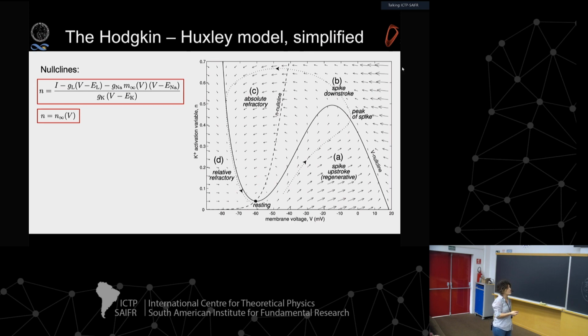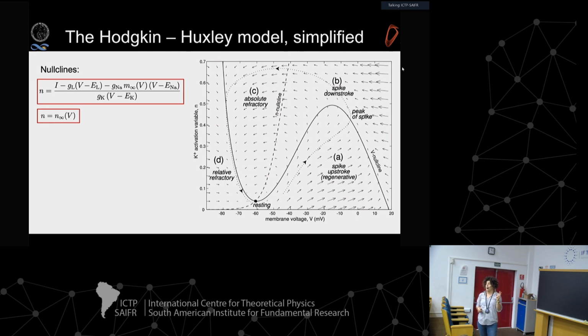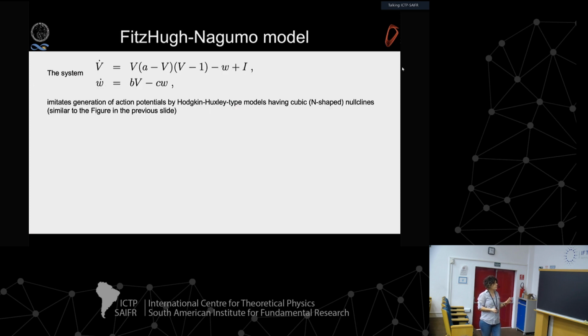So this is the spike upstroke, downstroke, the absolute refractory period, the relative refractory period, and then you get back. So this is our spike. So what I'm telling you with this is that just with two dimensions, you can get a spike. You don't need 4 dimensions if you want a spike. So that is the concept.